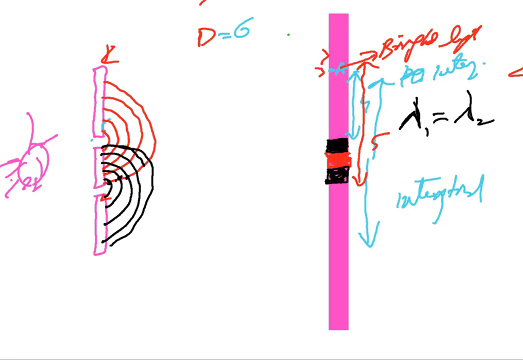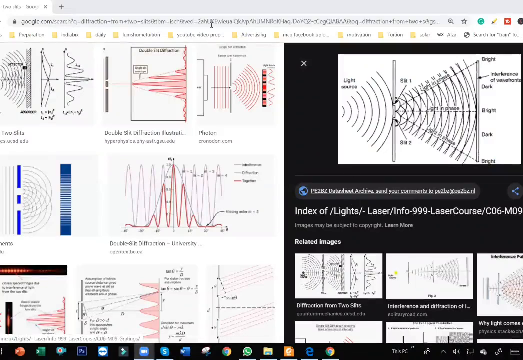Okay, look at this graph. So these are the two slits. On this point, because these points are in phase, you will get bright light. These points are not in phase, so you will get dark light. Here you will get bright light. These points are in phase.